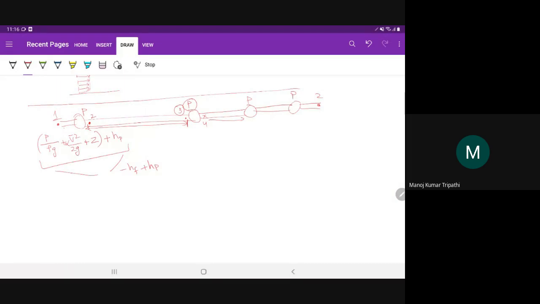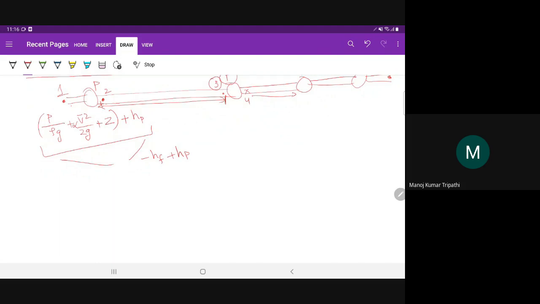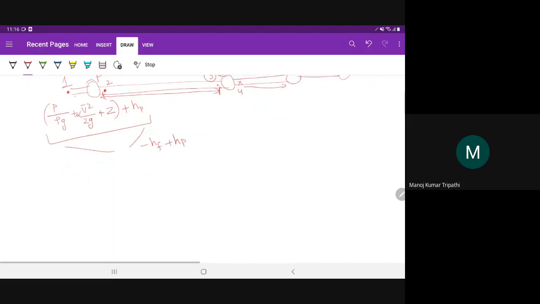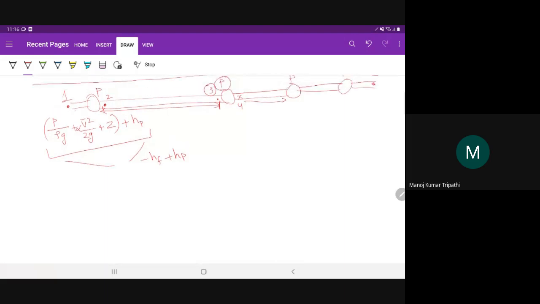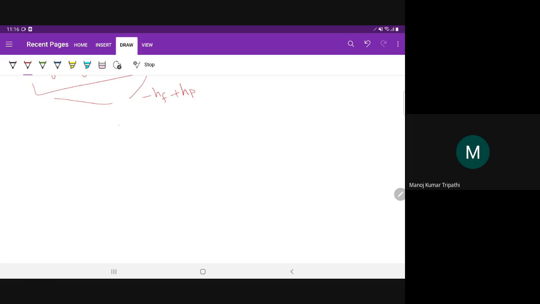Okay, so we'll move ahead. Now you can notice one thing here. Now if we have to write this equation for a pipe segment containing a pump, how do we write it? Between point 1 and 2. So let us write it between points 1 and 2.